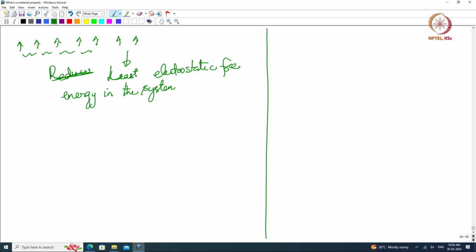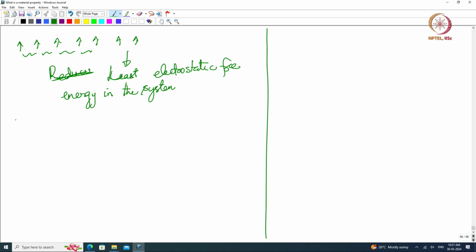Here the greater good is minimization of electrostatic free energy, so if all the dipoles align and cooperate with each other and follow this system, then that is good for the material itself. The material has a lower electrostatic energy, and this is for an infinite material. If there are finite size effects and other things, we will not do it right now, but hence I have a spontaneous polarization that is stabilized in my material.